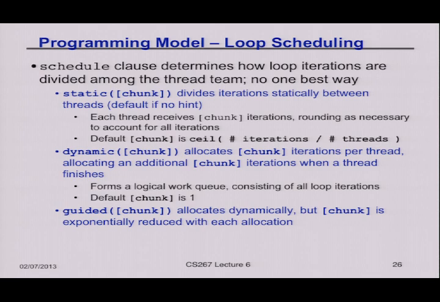So it tries to save time in allocation by giving big chunks at the beginning, and then it tries to load balance at the end by giving out smaller chunks. And so the chunk size shrinks exponentially every time it does an allocation. So it might hand you 100 loops, then 90 loops, then 80 loops, something like that.